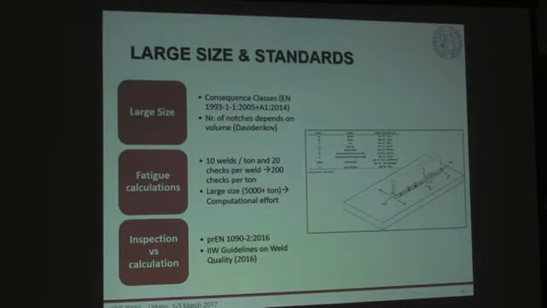In order to be compliant with the Eurocode, 20 checks per weld must be performed by using nominal stress. And so the number of checks becomes very large, and there is a large computational effort involved.